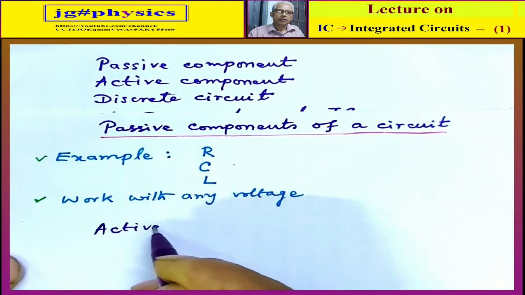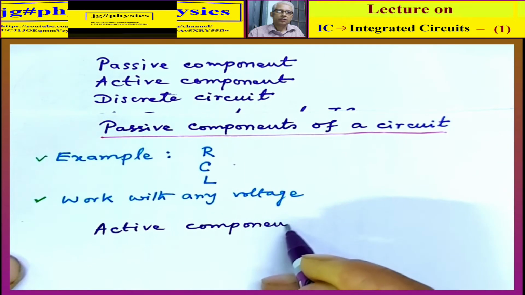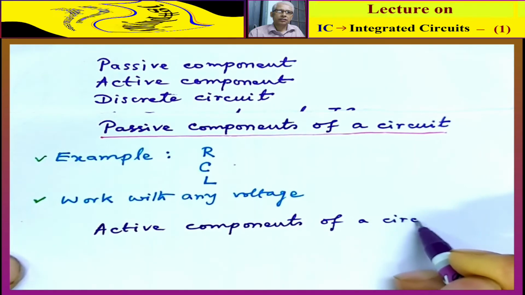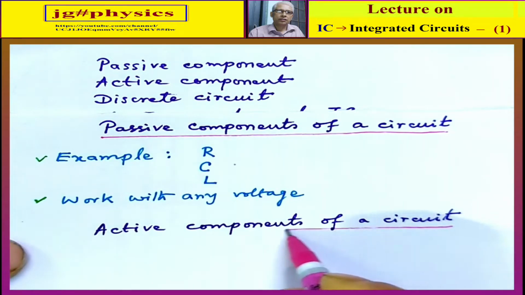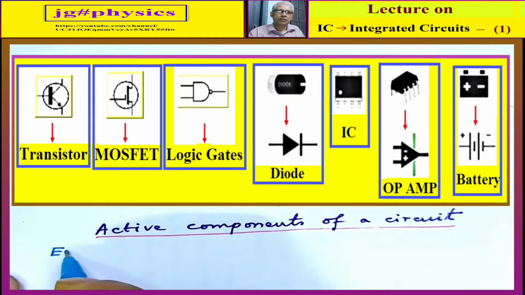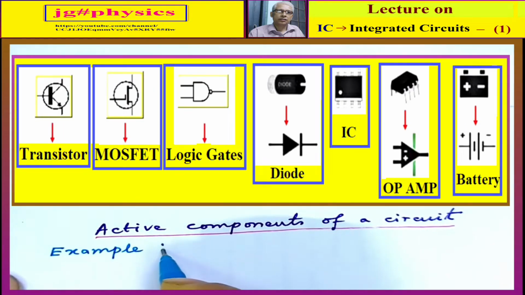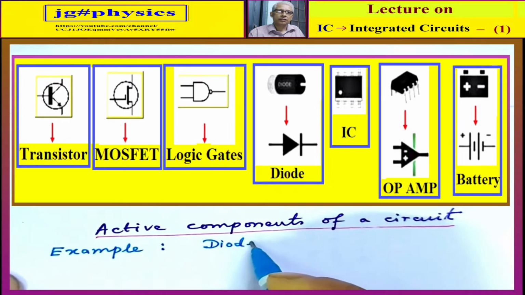Let us now describe what we mean by active component of a circuit. It will be easy again if we first give examples of active components. The examples are diode, transistor.